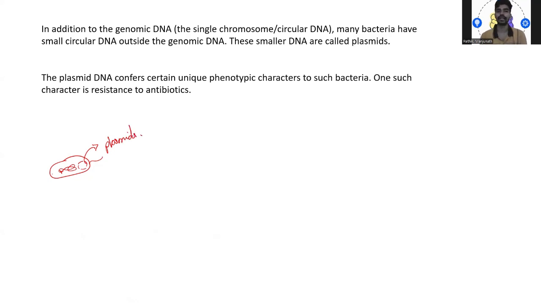The plasmid DNA confers certain unique phenotypic characters to such bacteria. One such characteristic of the plasmid is that it shows resistance to antibiotics, which are found in our body or in the environment. So it shows resistance to such things.